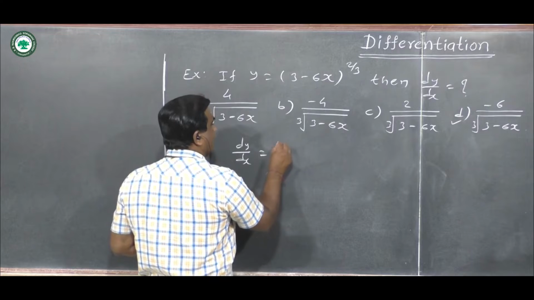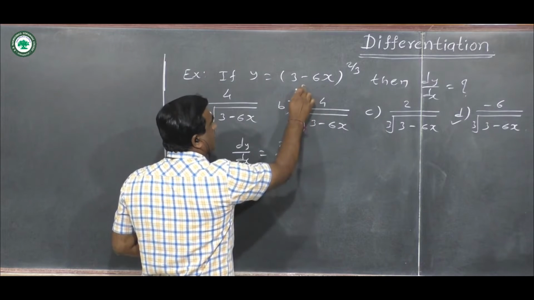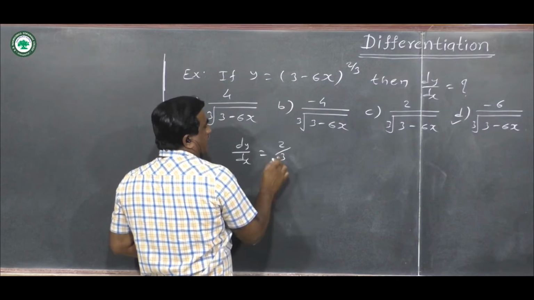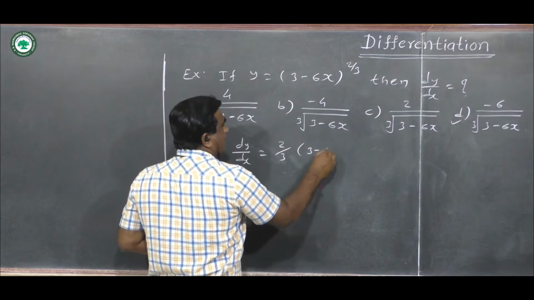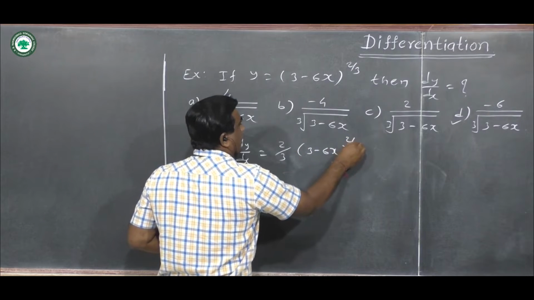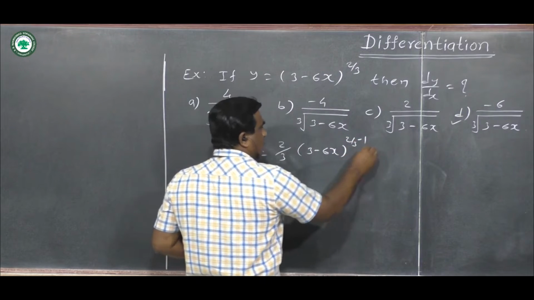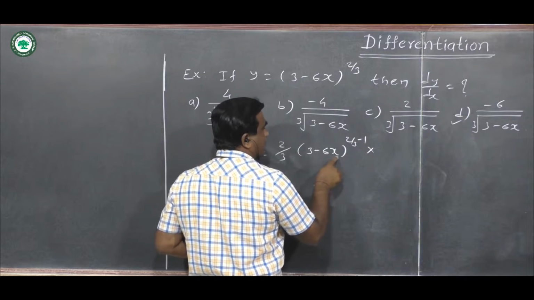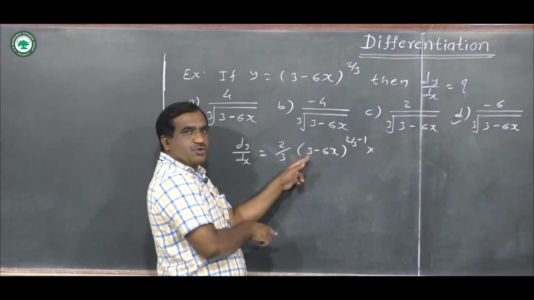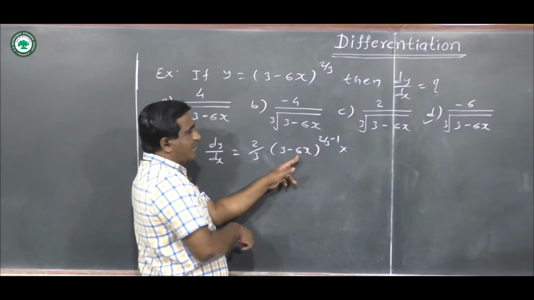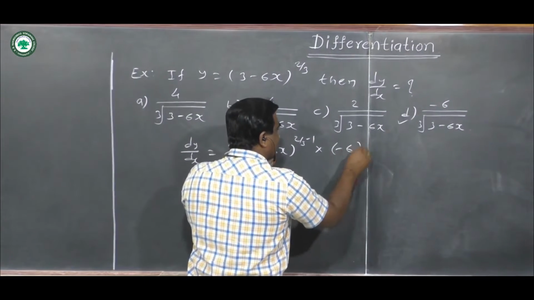Using this formula, we can write here derivative for this function: n into 2 by 3 into (3 minus 6x) raised to 2 by 3 minus 1 into derivative of this 3 minus 6x. Derivative of 3 is 0 and derivative of minus 6x is minus 6.